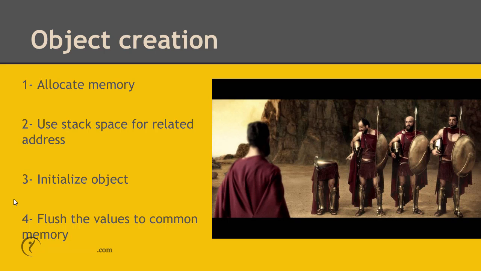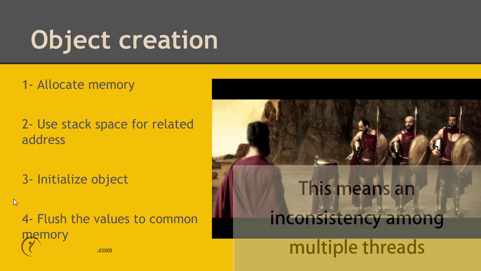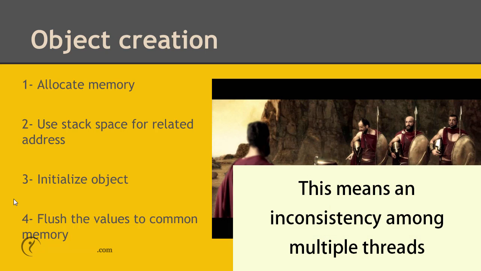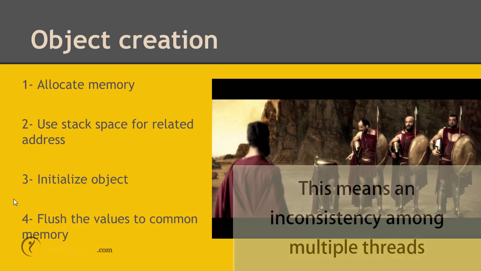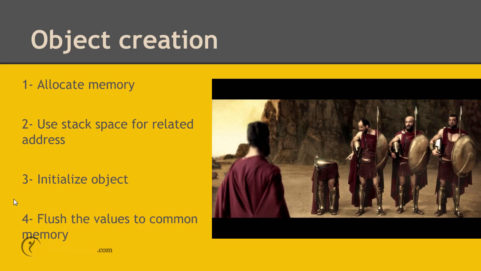So this is something like the isolation property of database transactions. While the modifications are not flushed into the common memory, other threads cannot see the new value of the object. The only thing they can see is that this memory address is not null because it has been allocated by this thread, but the value is not yet populated.